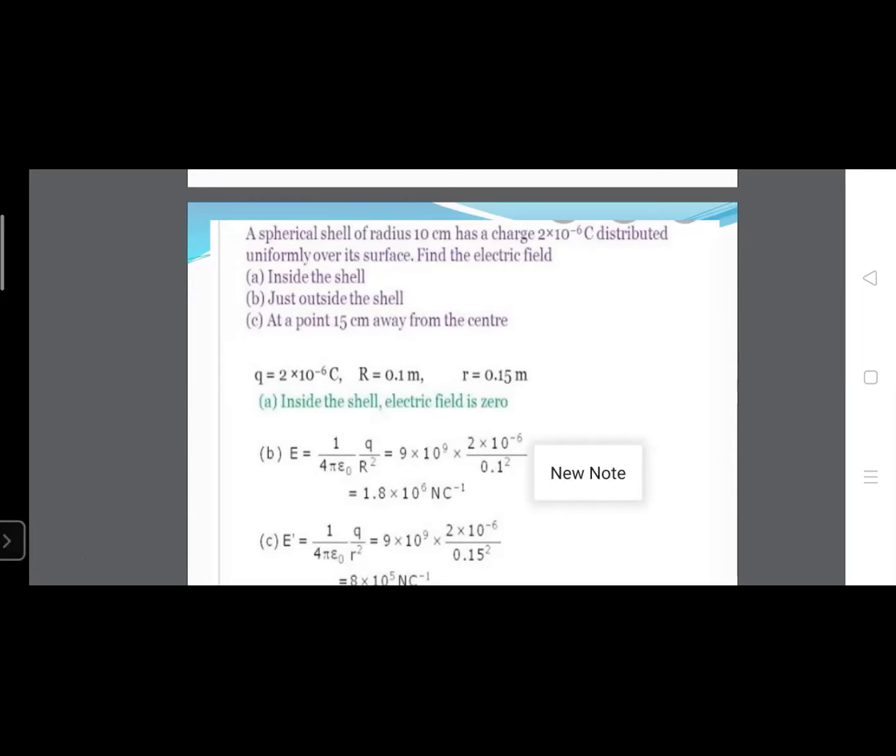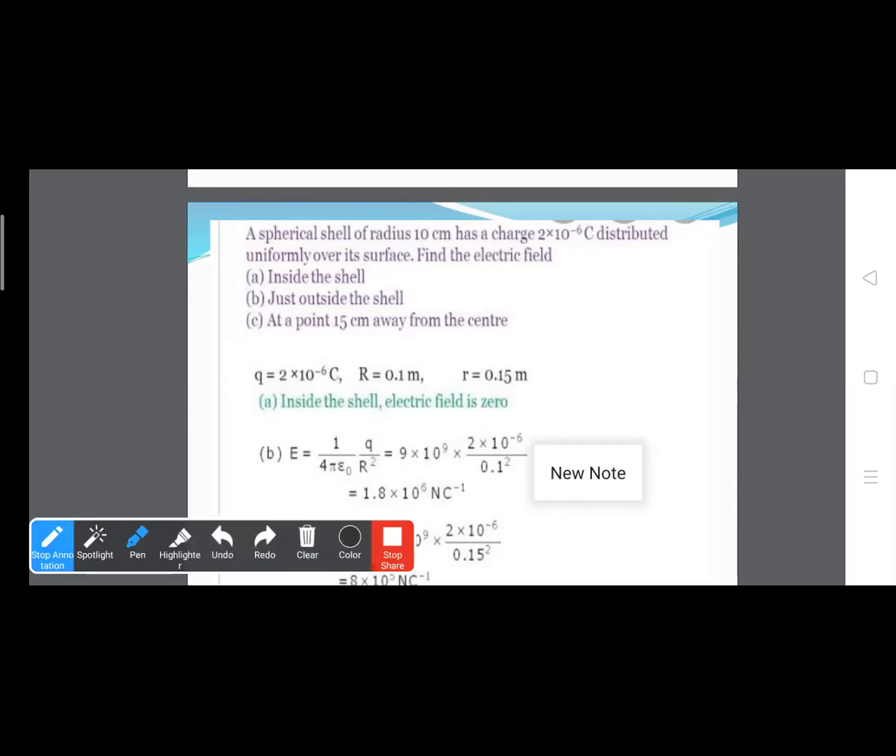Now for the point just outside the shell, we know the formula E equals 1 upon 4 pi epsilon naught Q upon R square. Put the value of charge and radius of the spherical shell. We found that the electric field equals 1.8 into 10 raised to the power 6 Newton per Coulomb. Clear?